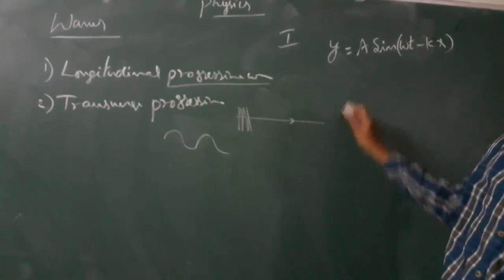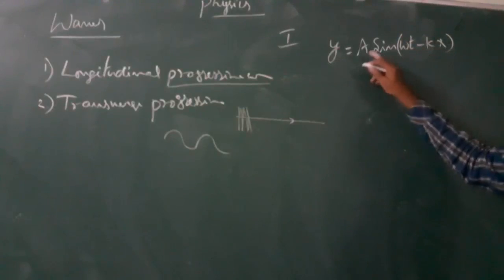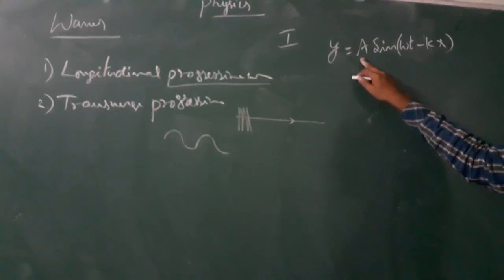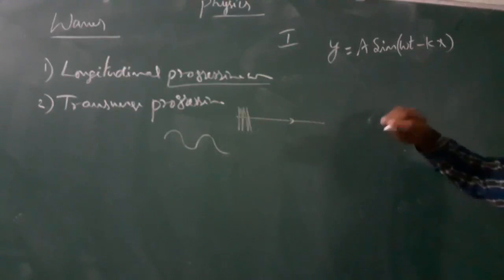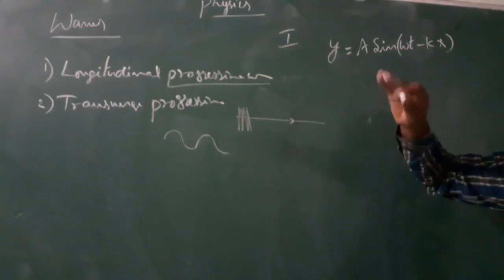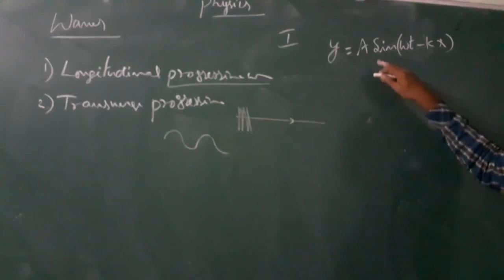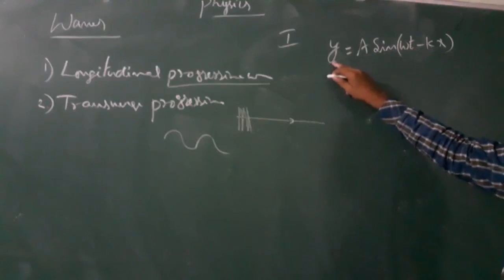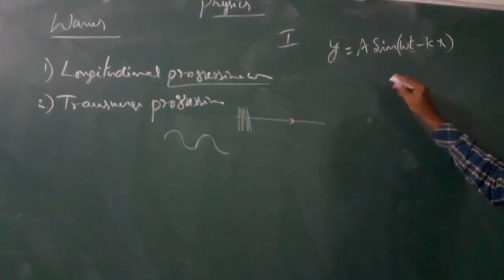This is the representation of a progressive wave, where A is the amplitude of oscillation of the particles. When the wave is traveling in the medium, particles of the medium vibrate with amplitude A, and y is the displacement of the particle at time t.